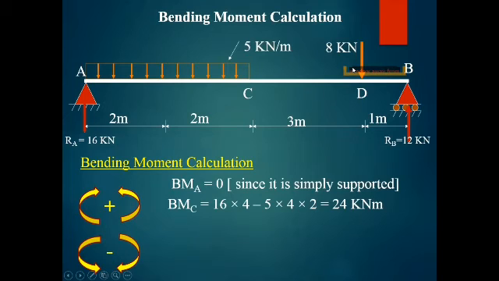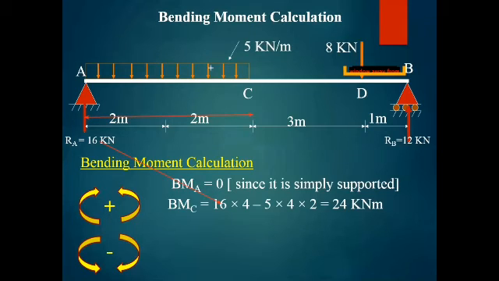Now I have taken the left hand side. On the left hand side, we have 16 and UDL. So I'm going to consider these two. I have taken 16. The distance of this 16 load from C is 4 meter.